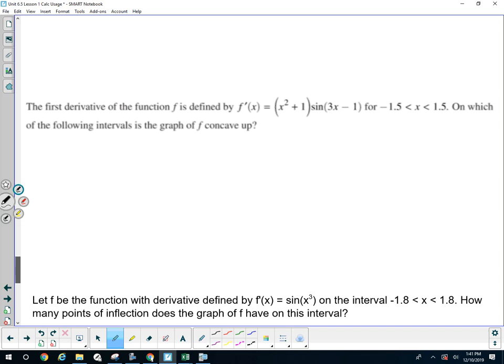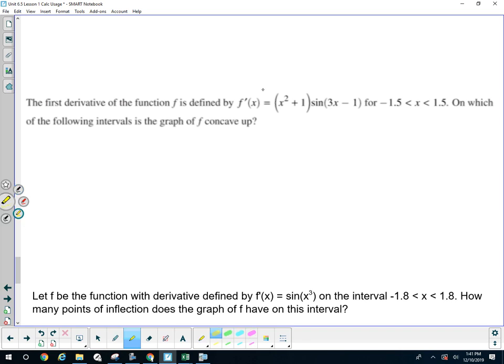Here is F prime. When is F concave up? You need to think about F is concave up when F double prime is positive. You have the graph of F prime. There's two things you can think of.